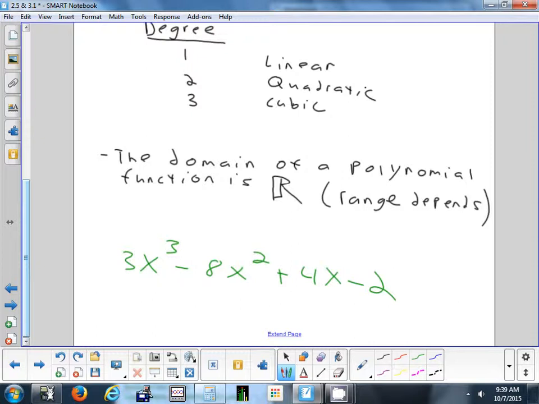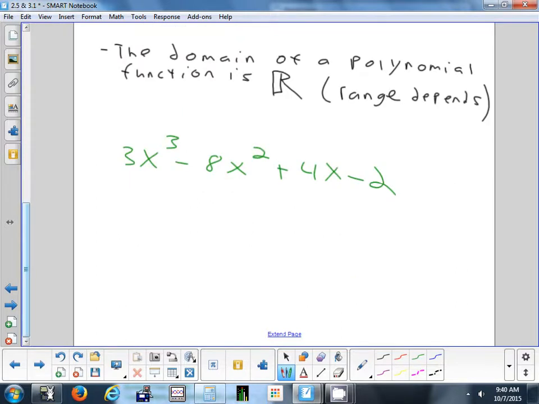You can raise any real number to any positive power all the time. There's no number that you're not allowed to square. There's no number that you're not allowed to cube. There's no number you're not allowed to multiply by 4 and then subtract 2 from. You can do that to any number you want. So the domain is all real numbers, but the range depends.